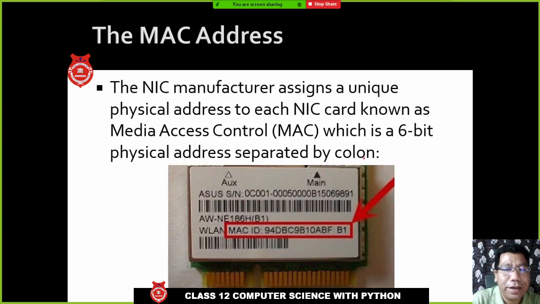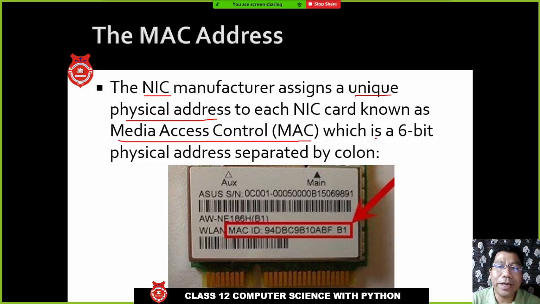All right. Now let's talk about the MAC address. The NIC manufacturers assign a unique physical address to NIC cards. It may be Wi-Fi cards, or it may be even mobile. Even mobile will have a MAC. When you say MAC, it is media access control.